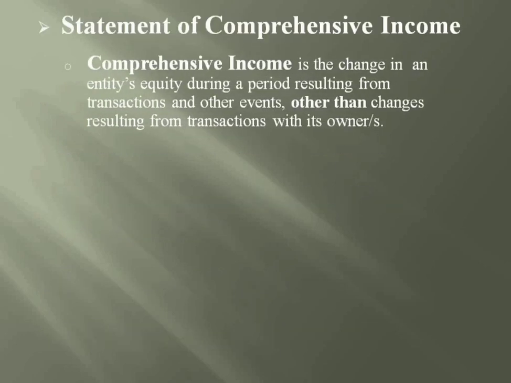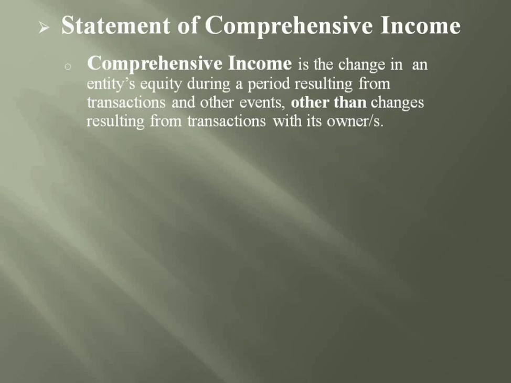Comprehensive income is the change in an entity's equity during a period resulting from transactions and other events other than changes resulting from transactions with its owner or owners. What are the transactions of a business entity with its owner being referred to here?